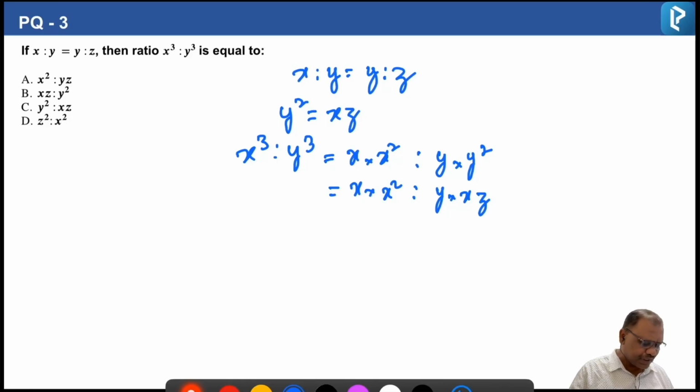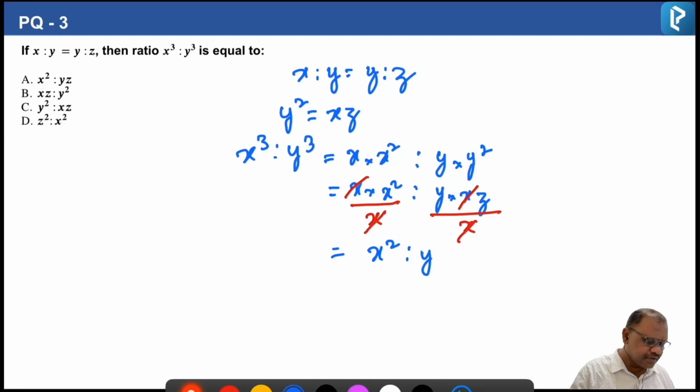So we notice that there is X in both the terms. So divide both the terms by X. X will get cancelled here. So what is remaining? X square is to YZ. This is the answer. So out of the given options, A is the right option.